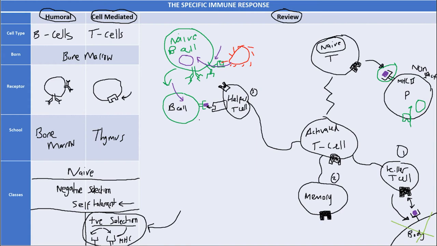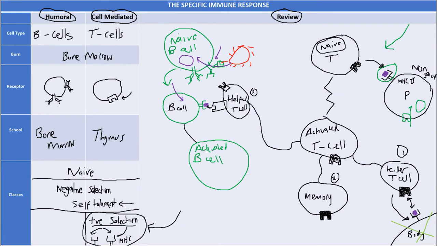And that's how the naive B cell becomes, I should draw that in green, activated when that happens. So activated B cell. So that's crazy, because all of this here on the right hand side has to happen in order for the B cells to be activated.